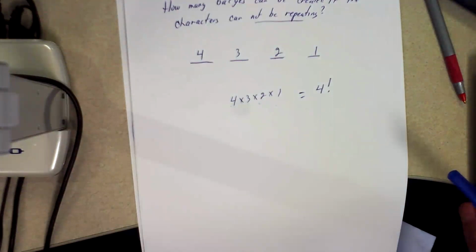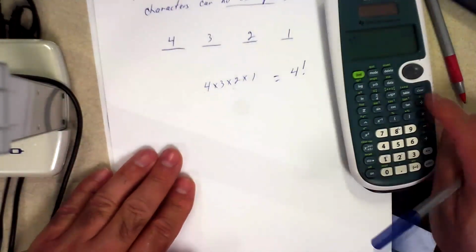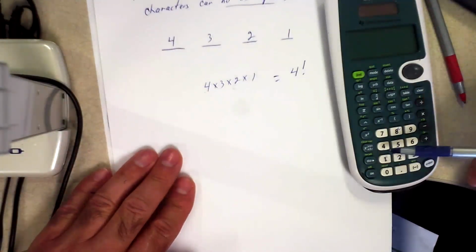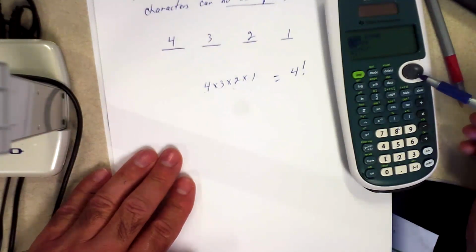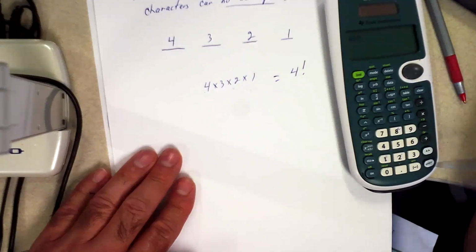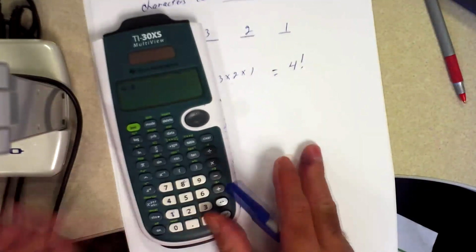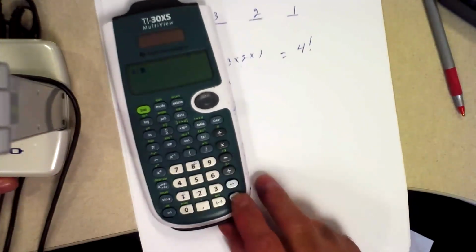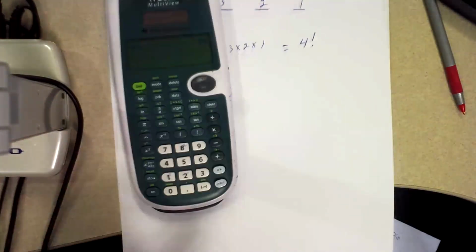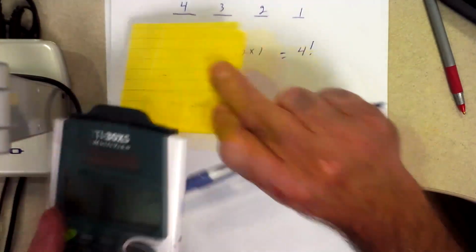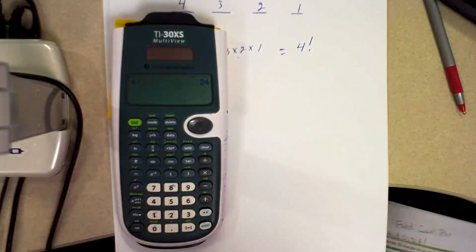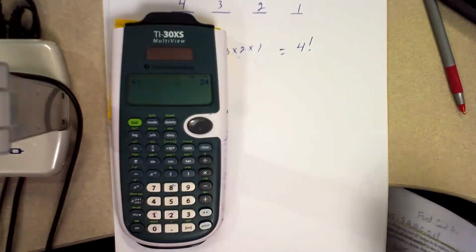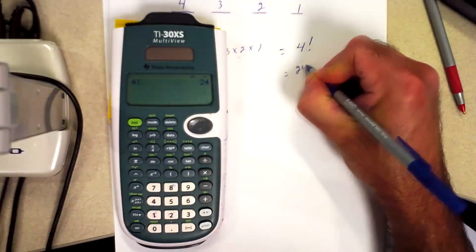You remember how to press that in your calculator? Let's see. So we're going to type in the 4 and we hit PRB. Scroll down. You guys can't see it because it's so dark. 4 factorial is 4 times 3 times 2 times 1. We get 24 choices.